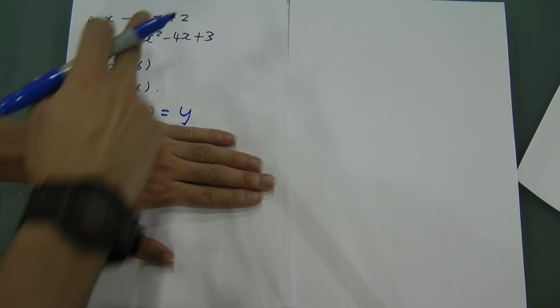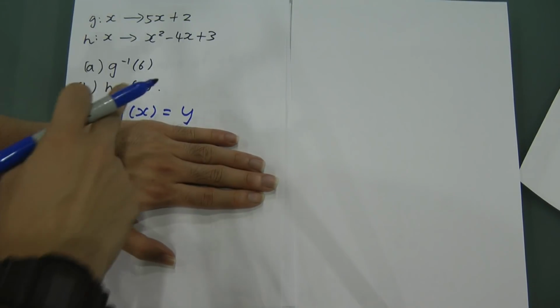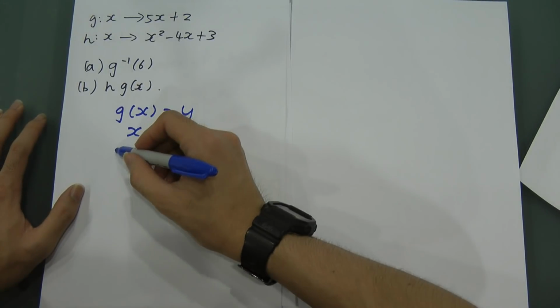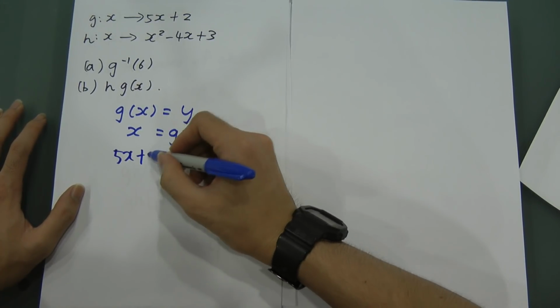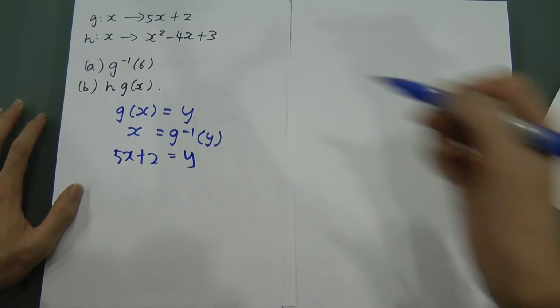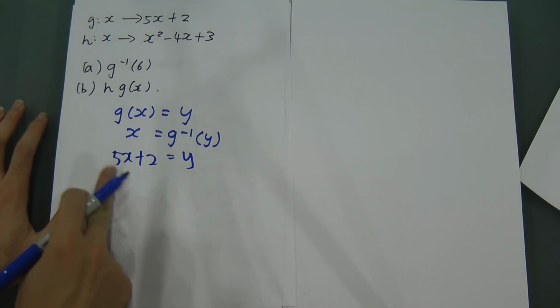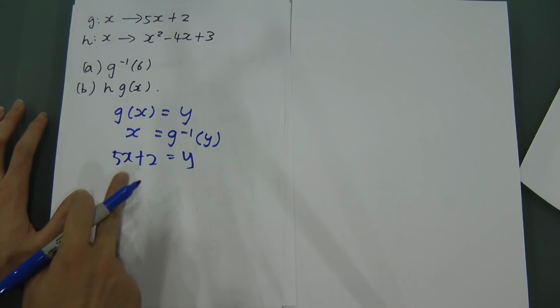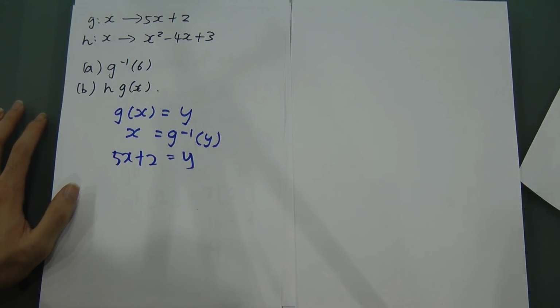So gx is 5x plus 2. Therefore 5x plus 2 will equal to y. My objective is to get x in terms of y in order to get the inverse. So whatever is not related to x, I move to the other side.